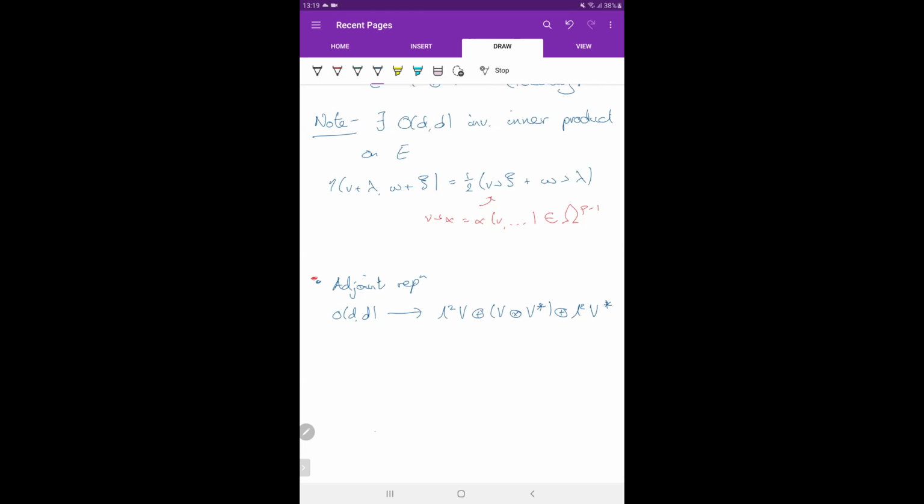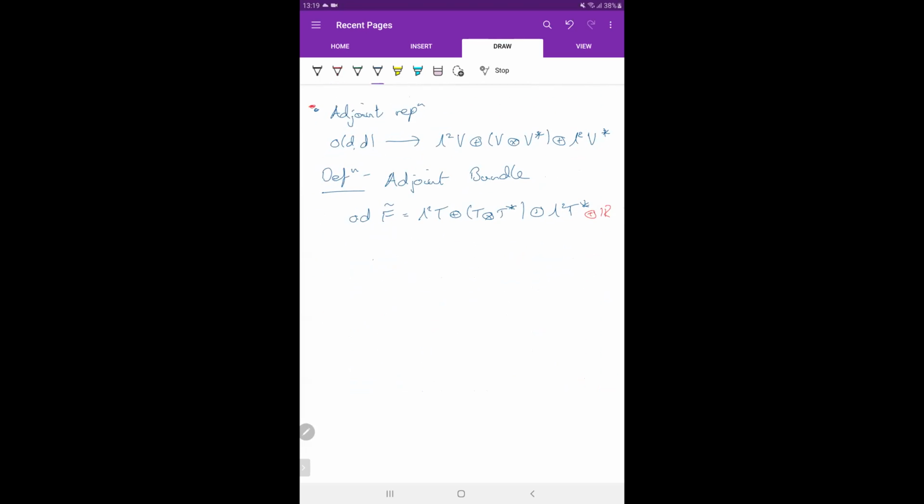So this gives us the natural definition of the adjoint bundle, which is often written ad F tilde, is wedge 2 T plus T tensor T star plus wedge 2 T star. And if I want to include that R plus factor, which I talked about before, for which for the most part I won't, we need to include an extra factor of R here. Okay, good. Again, there exists a sort of natural action of this bundle on all O(D,D) bundles.